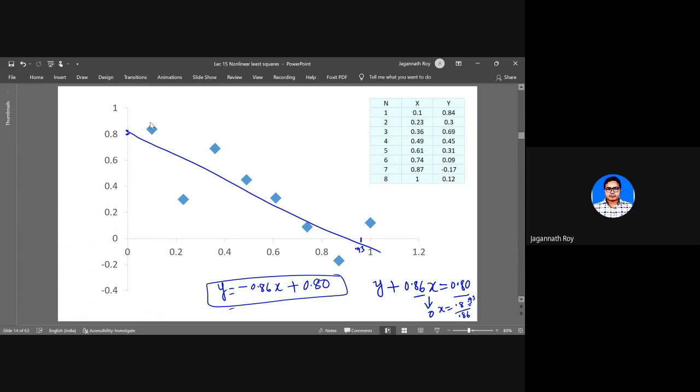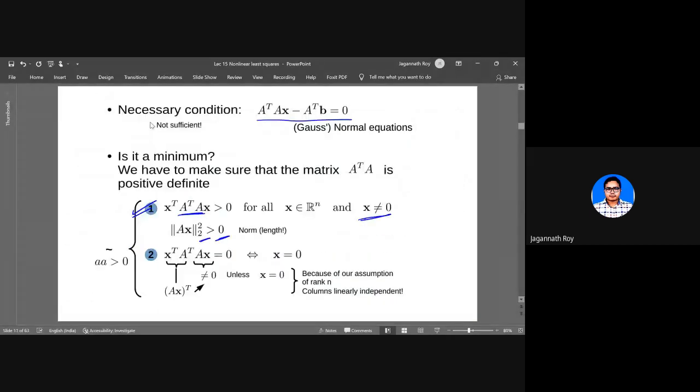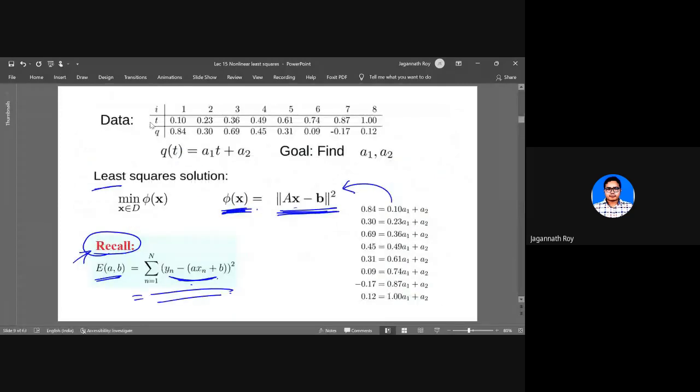Now if we try to find one nonlinear function which will approximate all the data set, how to do that? Note that here we had a system of m linear equations. So this was the 8 by 2 system of linear equations that we had.